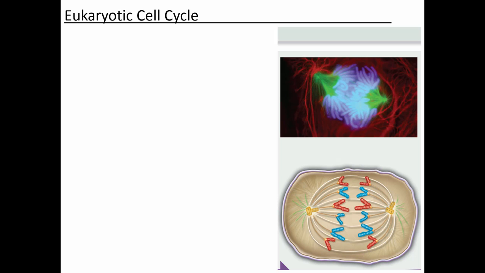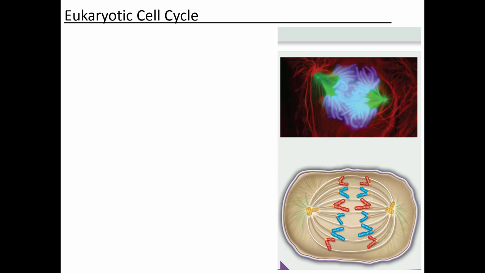So basically, one sister chromatid is going to move towards one centrosome, while the other sister chromatid moves towards the opposite centrosome. Once you separate the sister chromatids from each other, they each become their own chromosome.